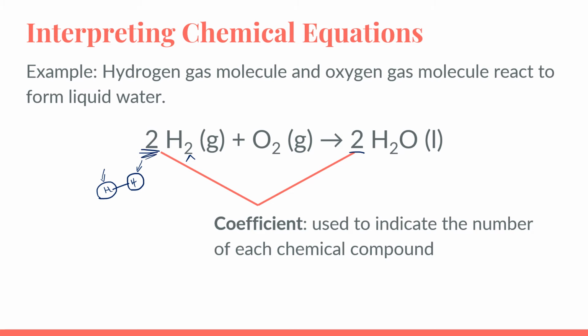But 2H2 refers to the fact that there are two of the H2 compound. The coefficient is for the whole compound, and then the subscript is for each element. Same thing here. This 2 says that there are two waters, right? As opposed to this 2, which refers to the two hydrogens. Good. The big number is called a coefficient. This little number, I forgot to write it down. This thing is called the subscript.